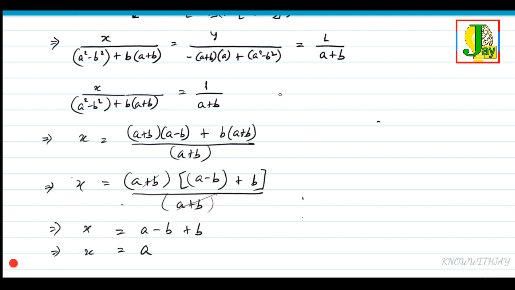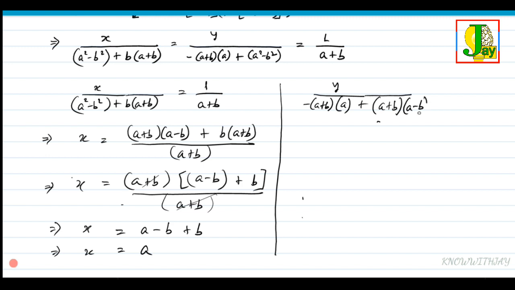Similarly, solving for y, I get y by minus of a plus b into a plus, instead of writing a square minus b square, I am writing a plus b into a minus b equals to 1 by a plus b.